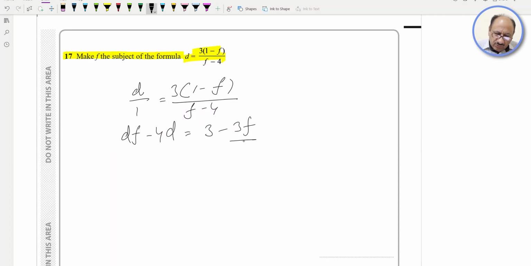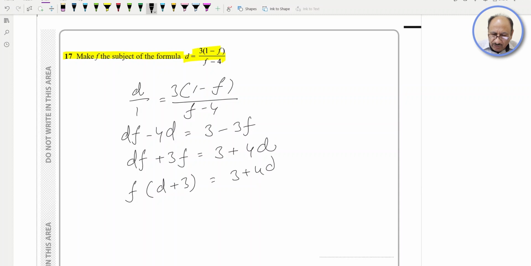F term, this one we can shift to the other side, and we will get df plus 3f, and minus 4d we can shift to the other side, so 3 plus 4d, and f we can take common, so inside will be d plus 3 is equal to 3 plus 4d, and d plus 3 we can shift to the other side, so f will be equal to 3 plus 4d divided by d plus 3.